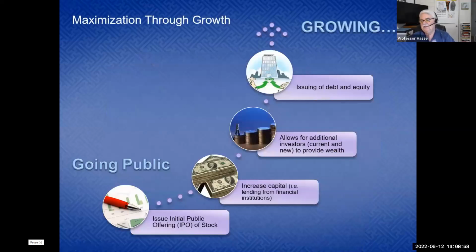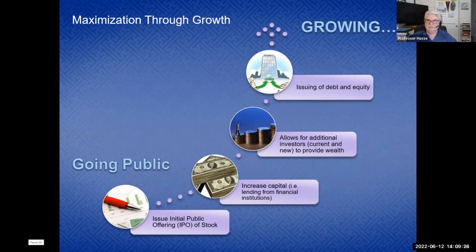And why do we invest in corporations? Because they take capital, stock, debt, profits, and they invest it in growth. Because of the competition in the market, if you don't invest in new assets and grow a business, your competition will get larger and you'll eventually, over time, go out of business.